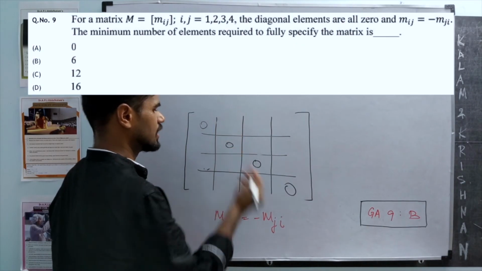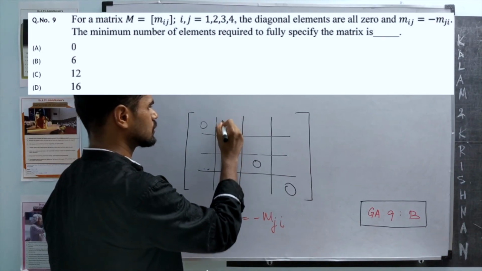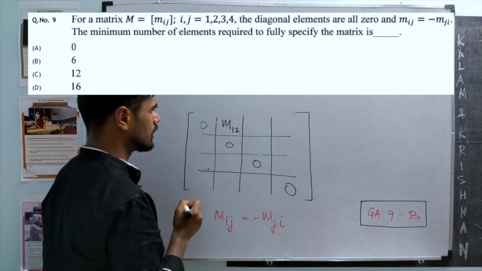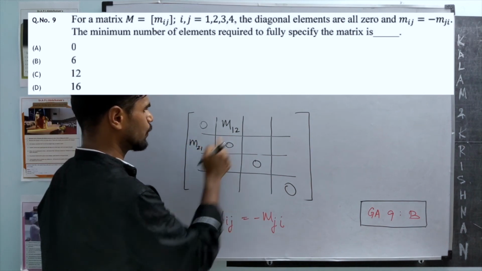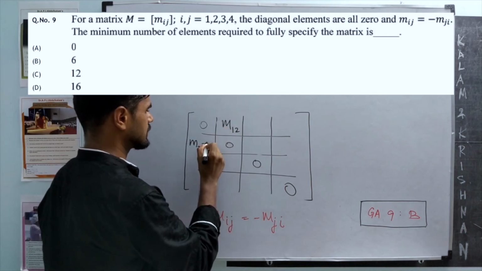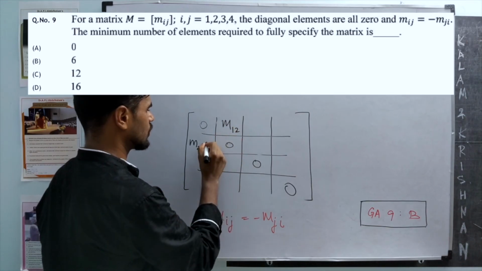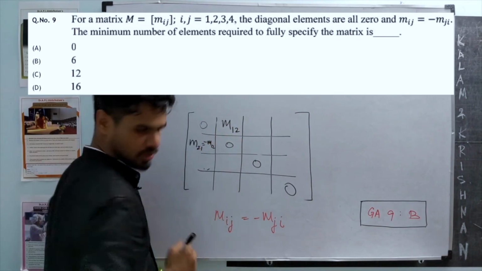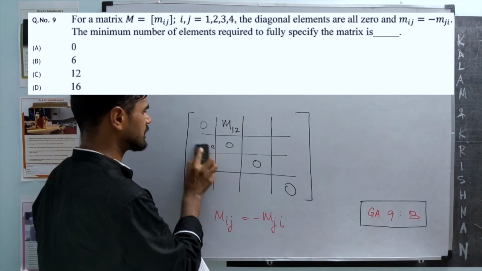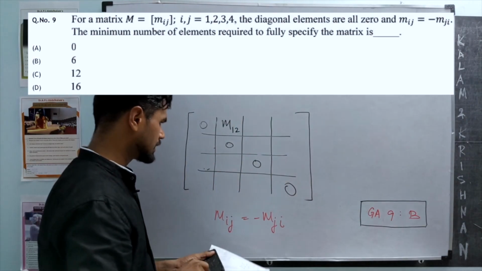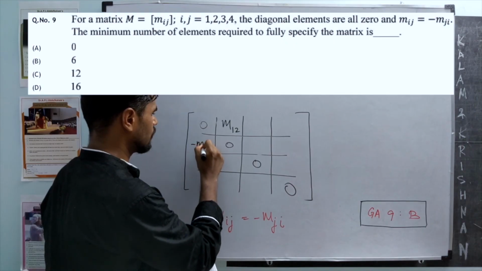Let's take i equal to 1 and j is 2. So M12, we know that M21 is minus M12. So the moment we know M12, we know this element, that is minus M12.